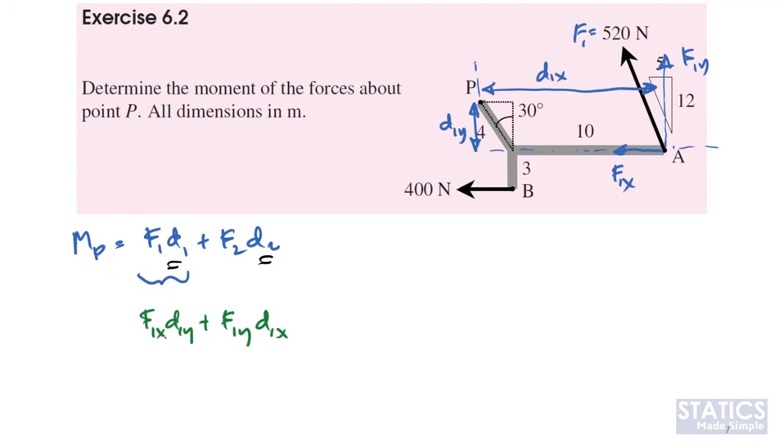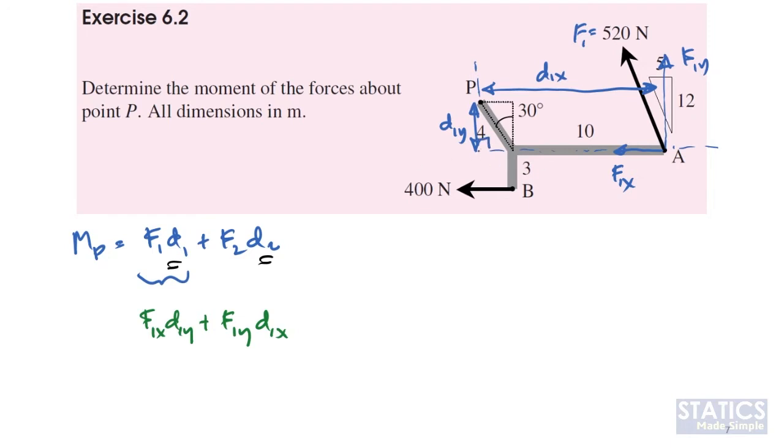So what happens if you forget which is which? It doesn't matter. Just decompose this F along X and Y, and remember to multiply the force with the perpendicular distance from the line of force towards the point of moment. So basically, if you are looking at this component here, F1X, it must be multiplied with the distance that is 90 degrees with respect to the line of force.